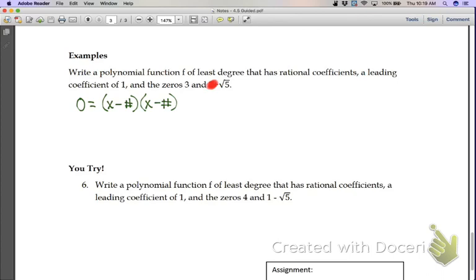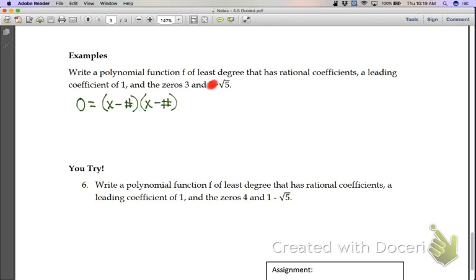Because whenever we change it, if it's a plus, that's really just taking the opposite. Every problem always starts out, if we're given a solution, as x minus a value. What changes it to a positive is if we have a negative value.